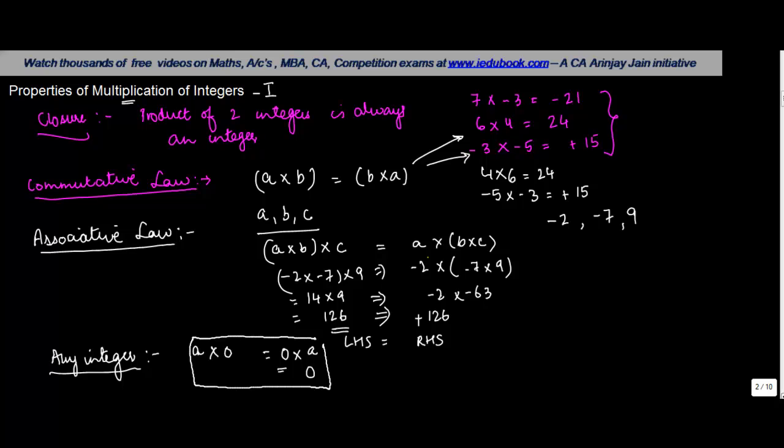This is also known at times as zero property. And this is true for any number, except in some cases when this is not defined. For integers at least, whenever you multiply any integer with 0 or 0 with any integer, the result is always the same, which is nothing but 0.